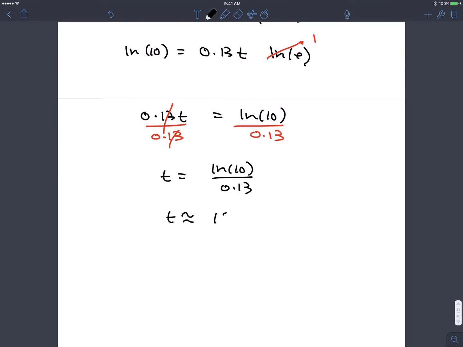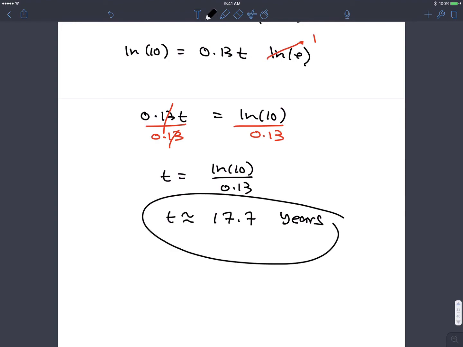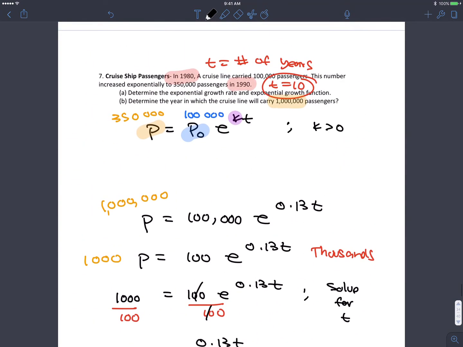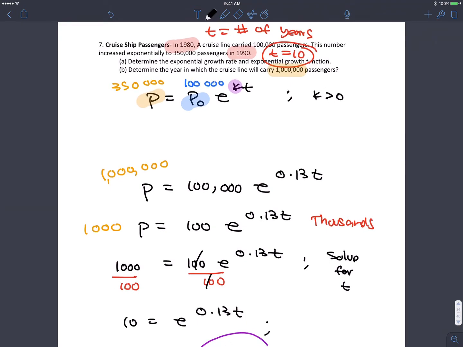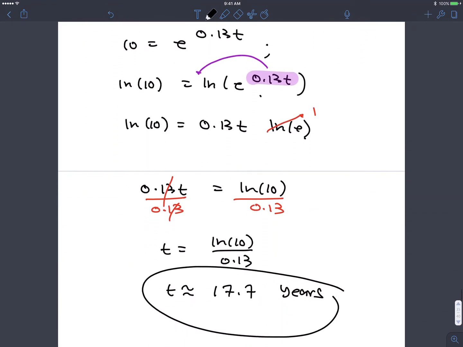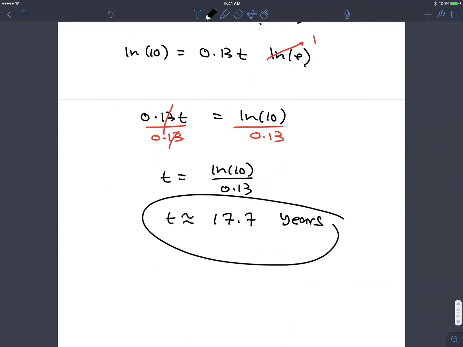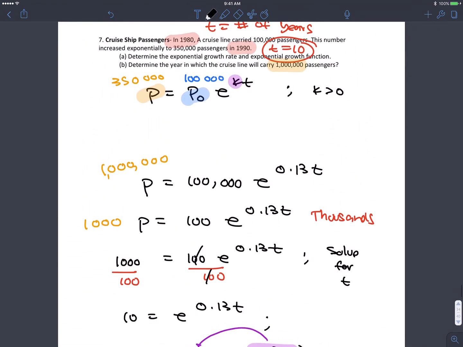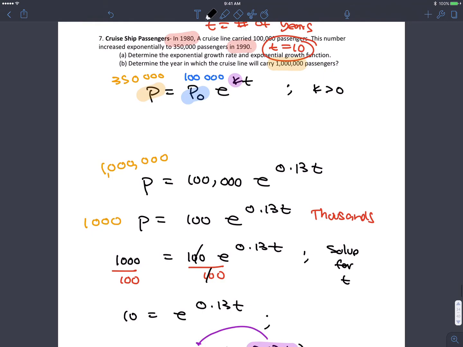So our time is going to be 17.7 years here. So it looks like it's going to take 17.7 years at a 13% growth rate. Hold on. It'll take 17.7 years at a 13% growth rate to go from 100,000 to 1,000,000 passengers.